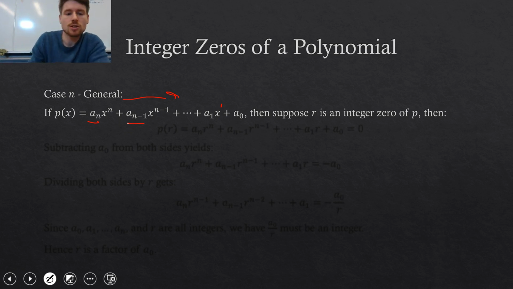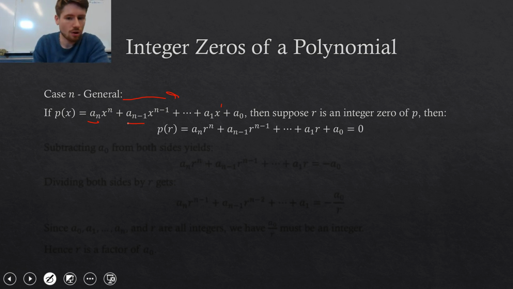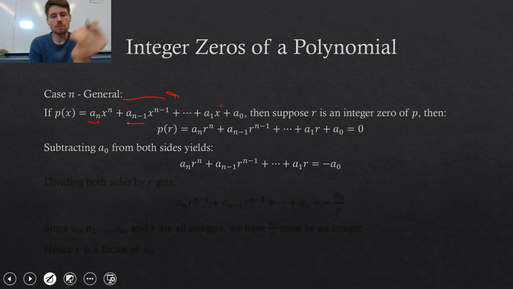Okay, now let's suppose r is an integer 0 of p. That means we plug it in, we get 0 as an answer. Exact same two steps we did last time. We subtract a0 from both sides, and that's going to give us an r to the n, plus an minus 1 r to the n minus 1, plus and so forth, until we get a1 r equals negative a0.